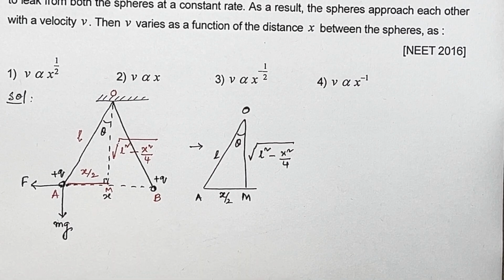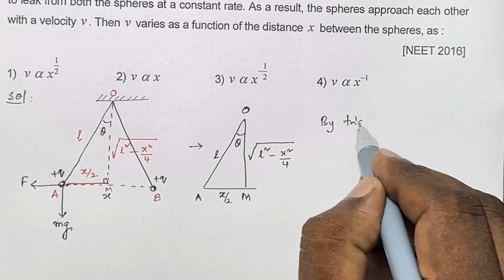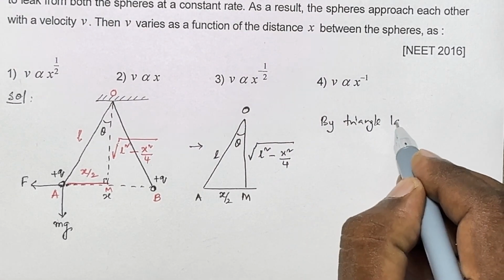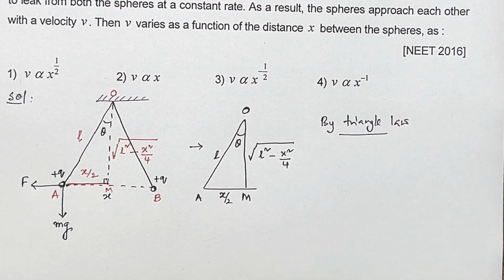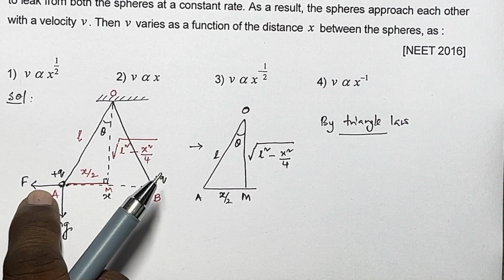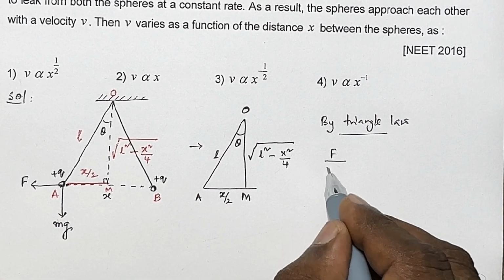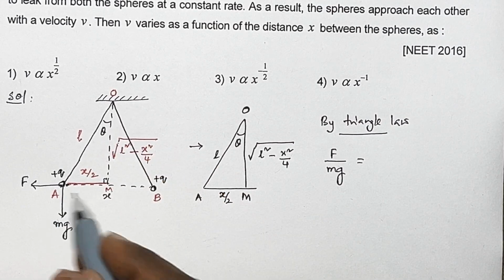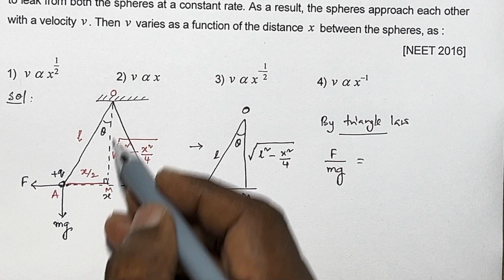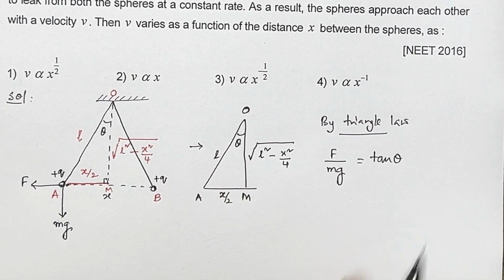By using the triangle law of vectors, what can we write? This is F, this is mg, so F by mg is equal to, this is F, so opposite side, this is mg, so adjacent side, that is equal to tan theta.